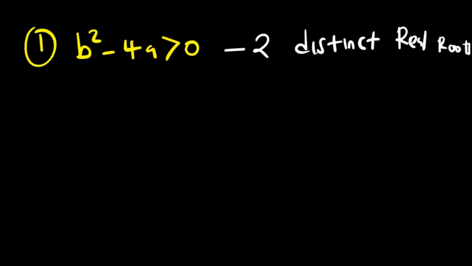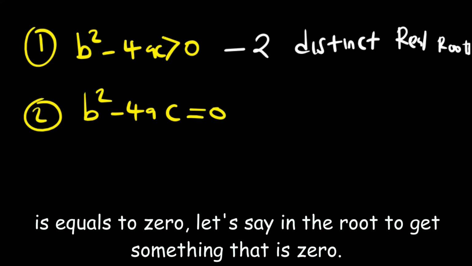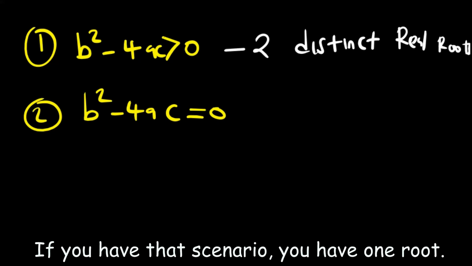Now if the discriminant, b squared minus 4ac, is equal to 0, let's say in the root you get 0. If you have that scenario, you have one real root.